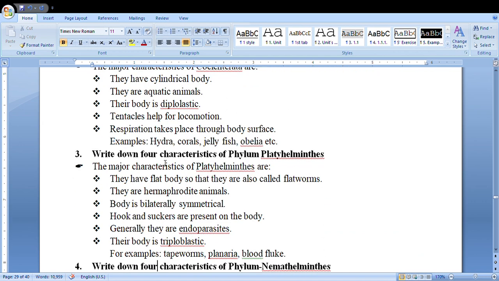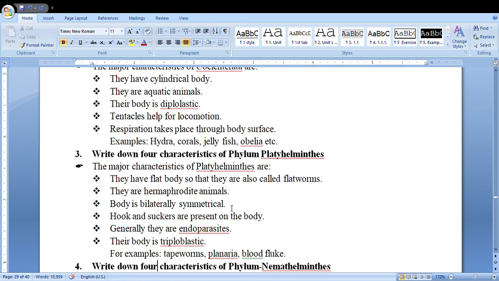Question number 3. Write down 4 characteristic features of platyhelminthes. The major characteristics of platyhelminthes are they have flat body, so they are also called flatworms. They are hermaphrodite animals, meaning they are bisexual. Both male and female sex organs are present on the same body.